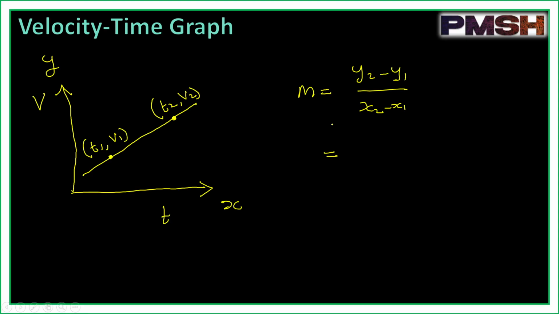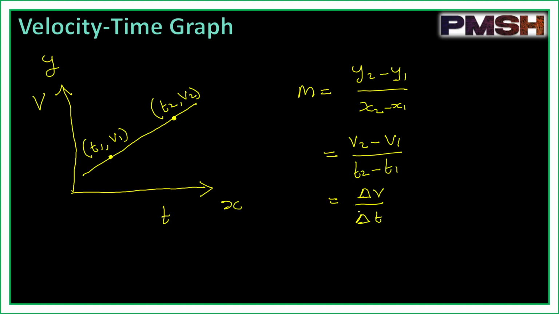So it will be v2 minus v1 divided by the change in x coordinate, that is t2 minus t1. So v2 minus v1 is the change in v, and t2 minus t1 is the change in time.